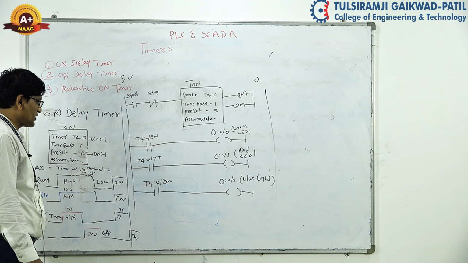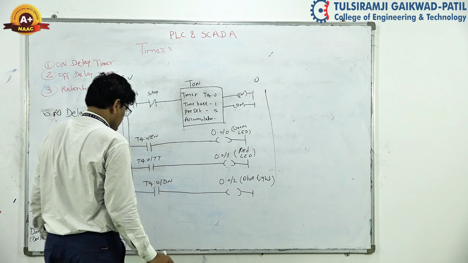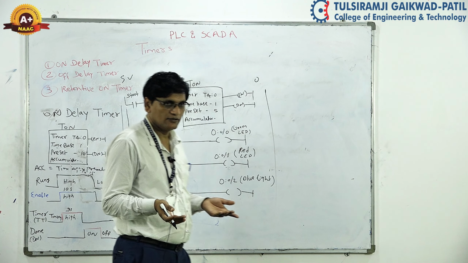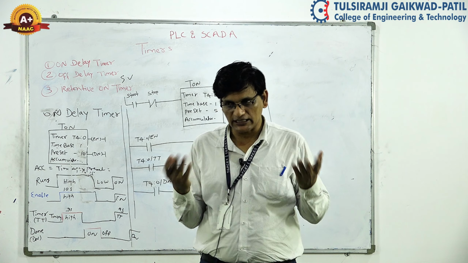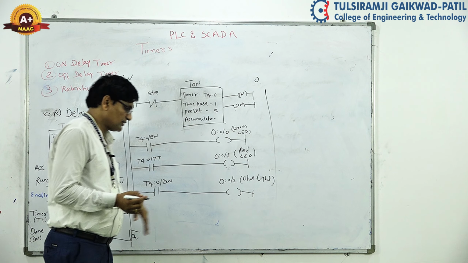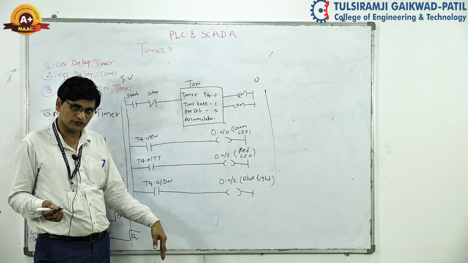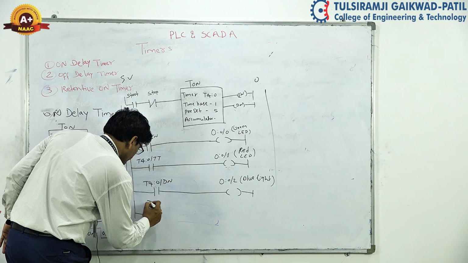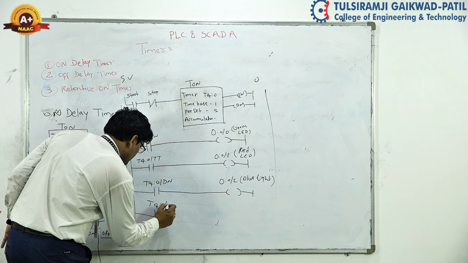Suppose if you want a delay, then again you can use another timer. If you want to reset directly after the completion of this process, here you can use the T4:0/DN done bit.